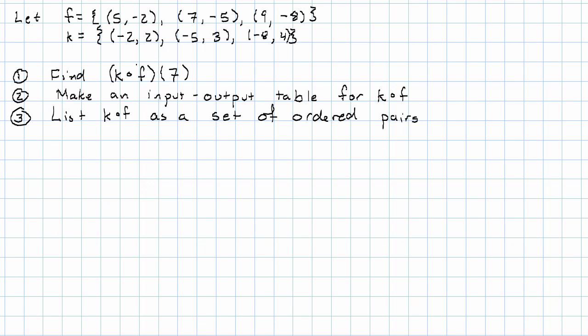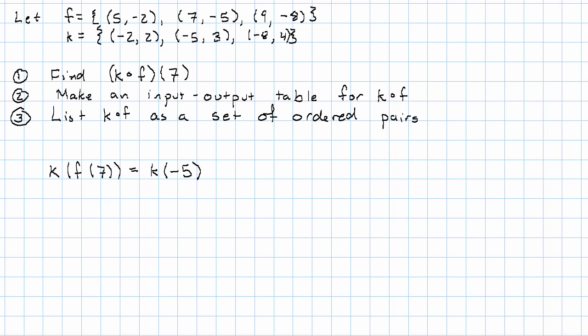Okay, so k composed with f of 7, that's going to be k of f of 7. f of 7, we see 7, negative 5. So f of 7 is negative 5. Thus we're taking k of negative 5.